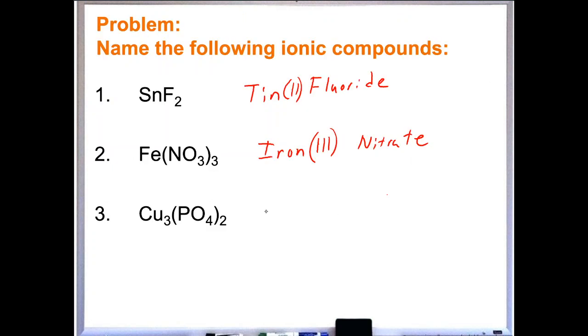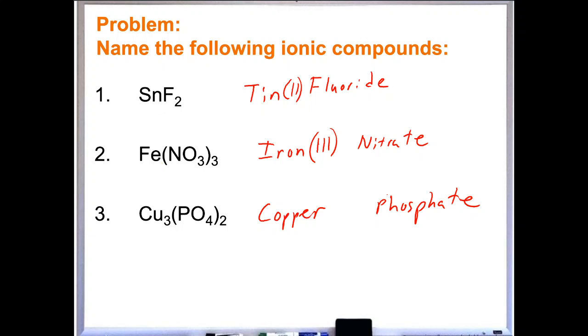So I have copper. Then I have phosphate, so just write phosphate. Now I need to figure out what the charge is of copper. With these other 2, I've only had 1 of the metals, but now I have 3, so it makes it a little bit trickier.